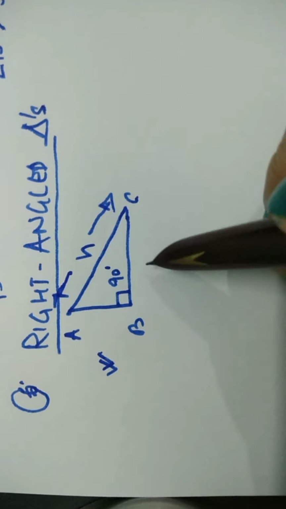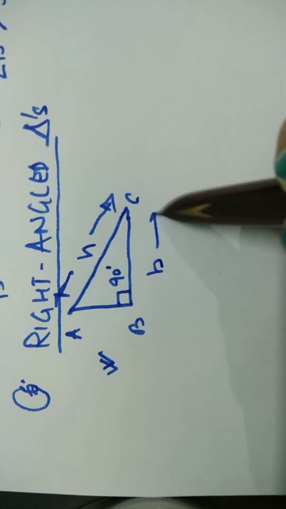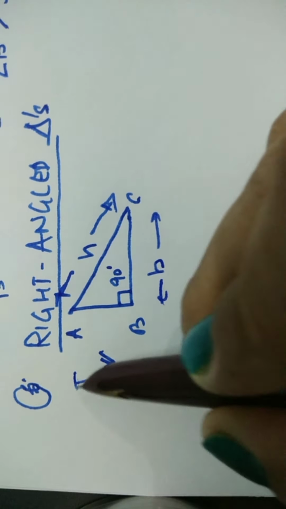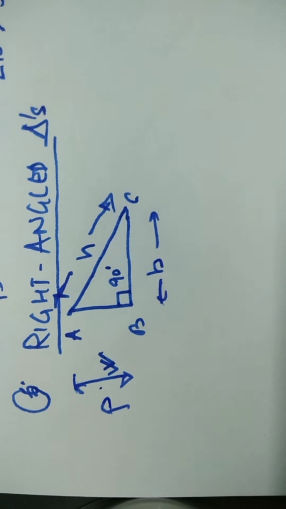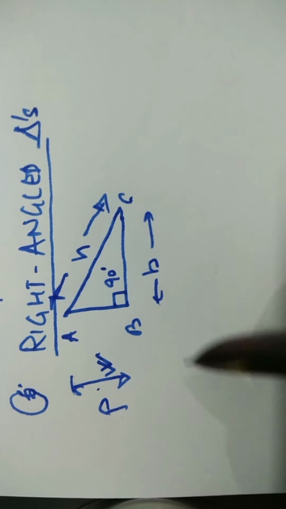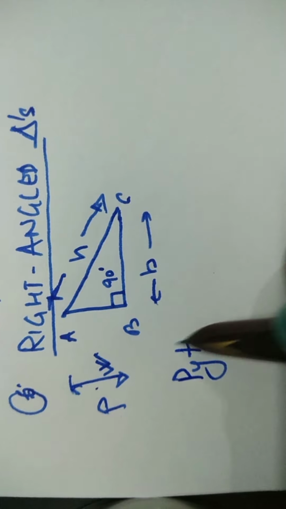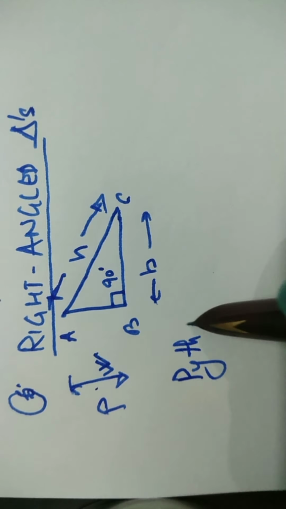The side BC, I am going to call it b, and this side AB, suppose this is equal to p. In that case, I hope you remember the formula of the Pythagoras theorem, which is applicable for all right angle triangles, which we will be using very frequently in our subsequent lessons.